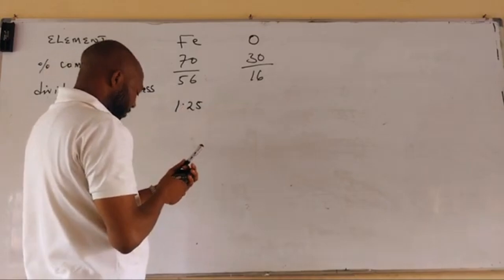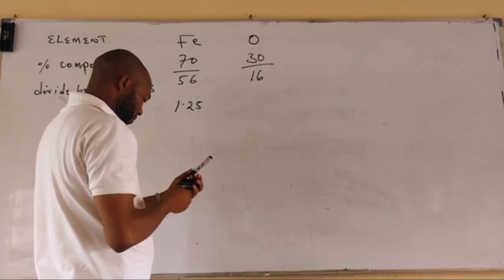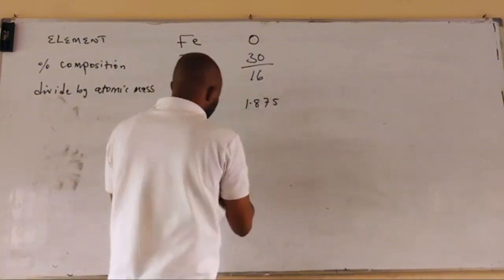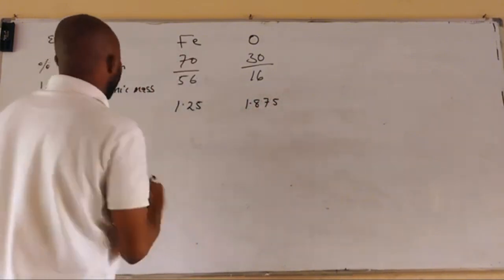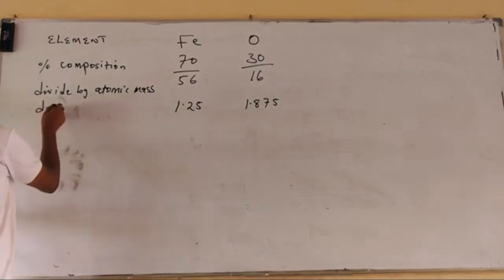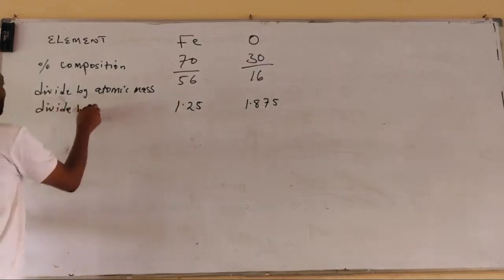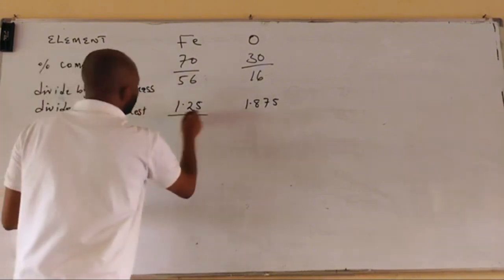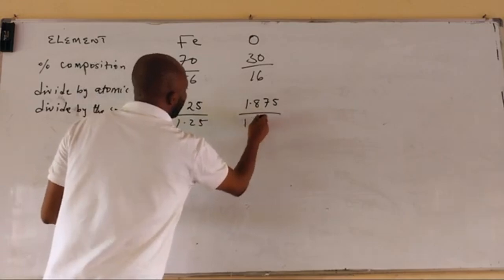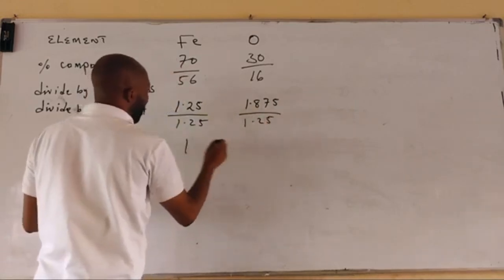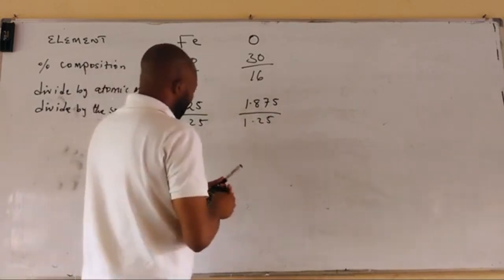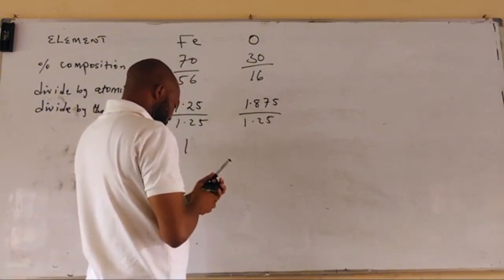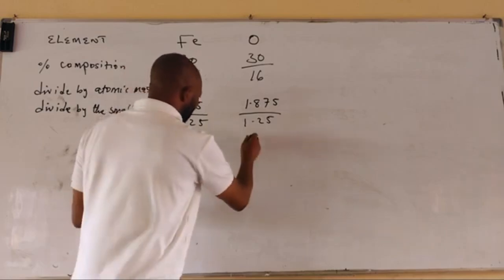Here we have 30 divided by 16, which is 1.875. Now, having gotten this, we divide by the smallest amount, which is 1.25. Here will give me 1, and here 1.875 divided by 1.25 gives us 1.5.